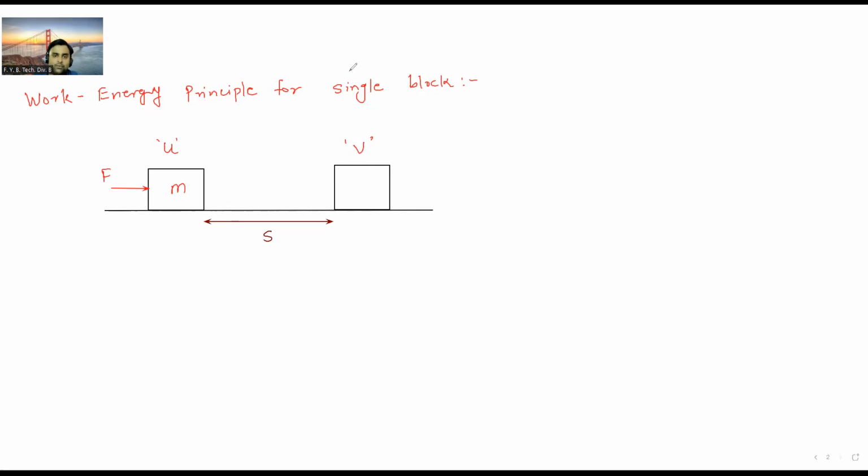Now we want to write work energy principle for this block. So first of all, I will write work done. What is the work done? Work done, W, is equal to, what is the formula? It is force into displacement. So summation F into S. This is the work done. Okay. What is the initial kinetic energy of the block? What is the initial velocity? u.